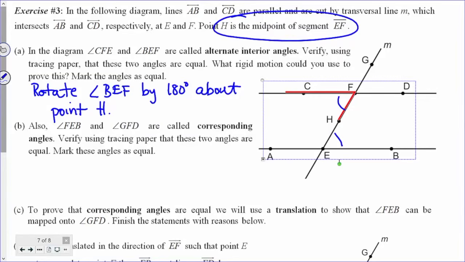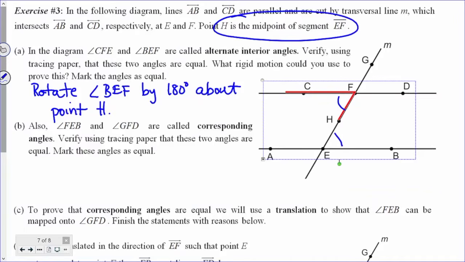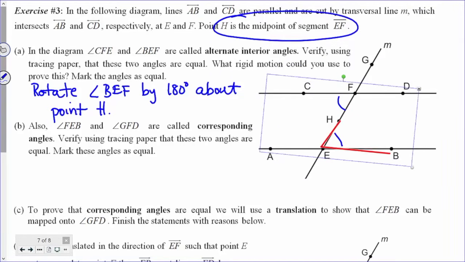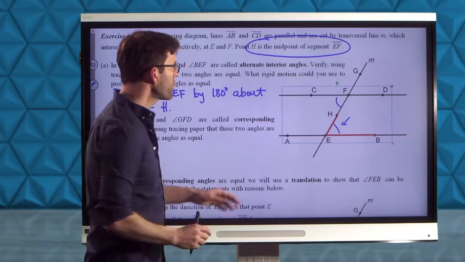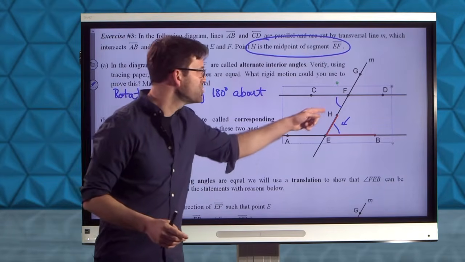Letter B. Also, FEB and GFD are called corresponding angles. Verify using tracing paper that these two angles are equal. Mark these angles as equal. All right, so I'm going to rotate this thing back down because now we're talking about FEB, which is this angle here. Now, if you're wondering, why am I not calling it HEB?